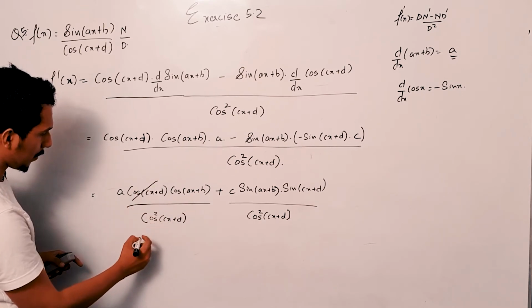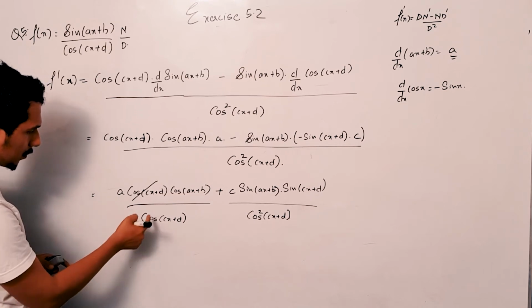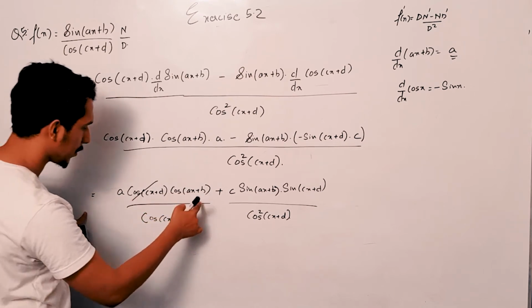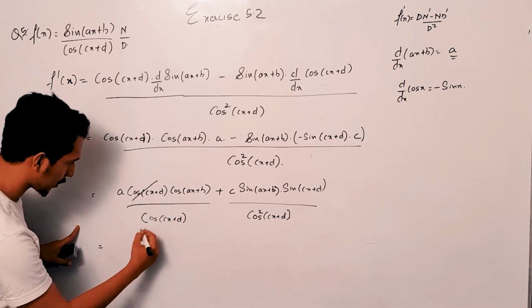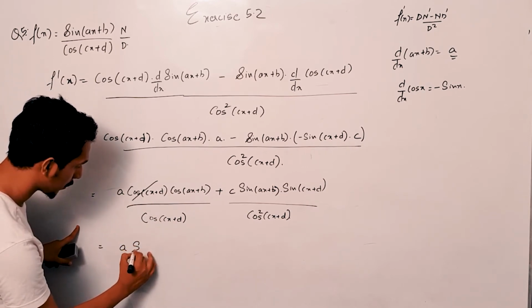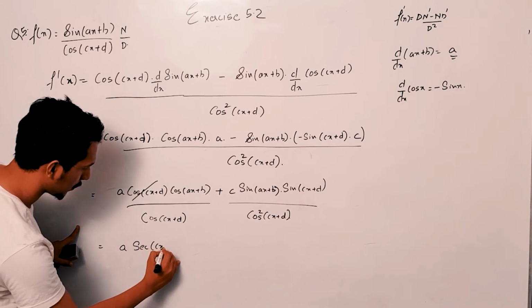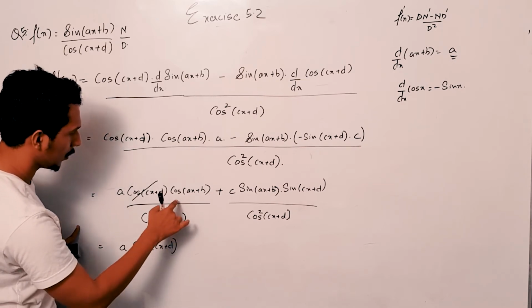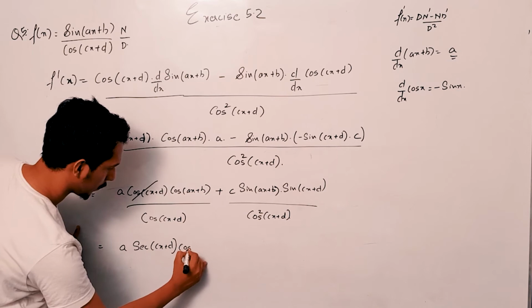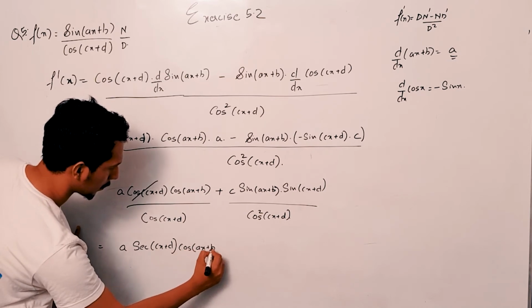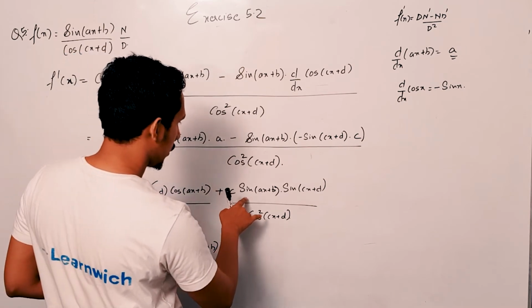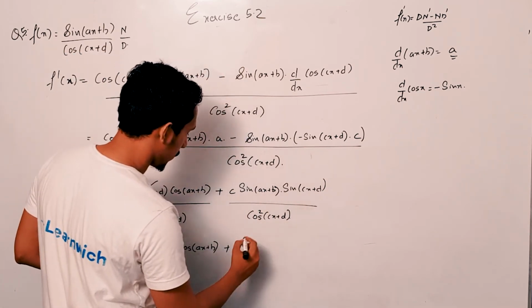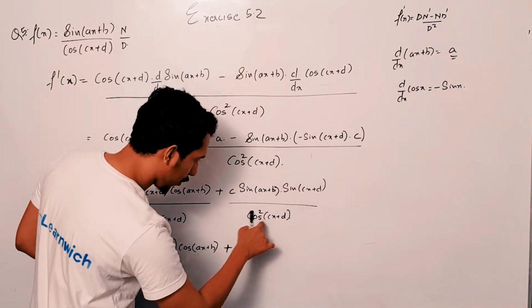So finally you have a cos ax plus b divided by cos cx plus d. That is 1 by cos cx plus d will be, what is 1 by cos? Sec of cx plus d into cos of ax plus b. Plus here also, sine of cx plus d by cos of cx plus d.